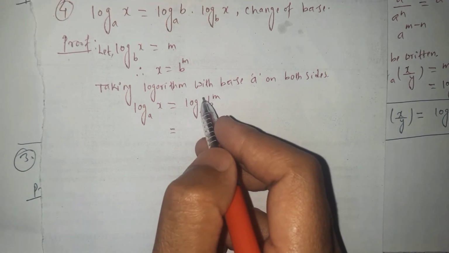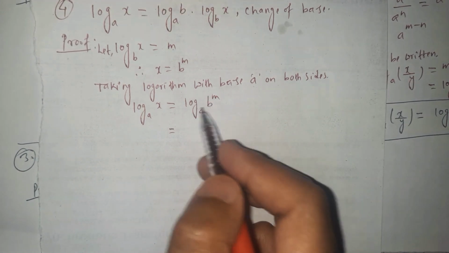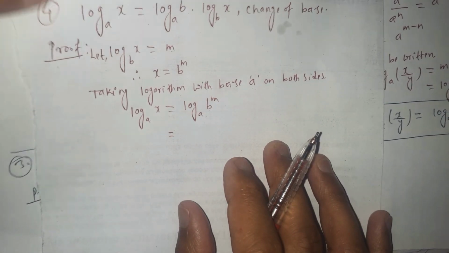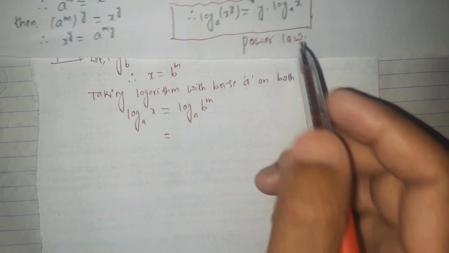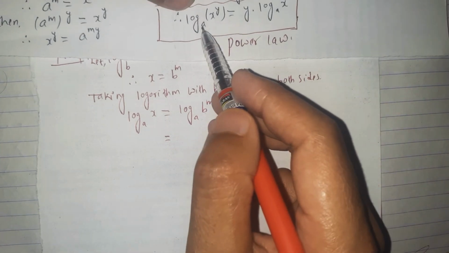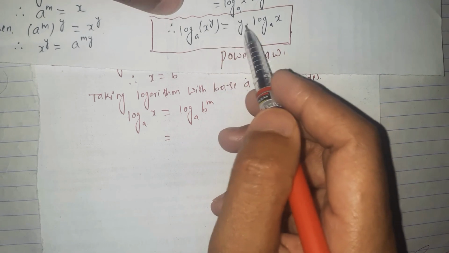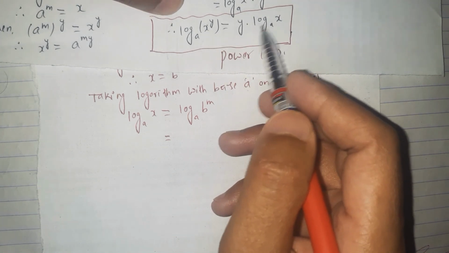Here the concept of the power law of the logarithm is introduced. We already proved on this page that the log of x raised to the power y with base a can be written as y times log of x with the same base.